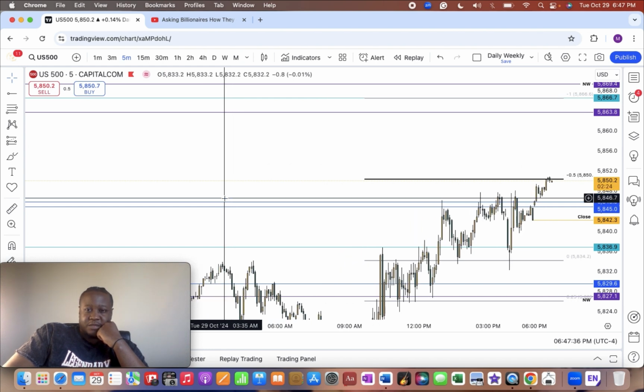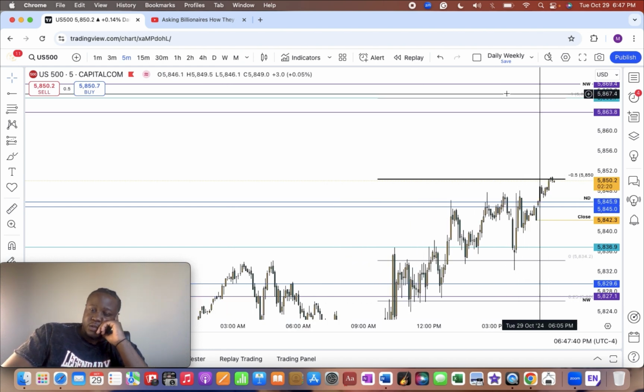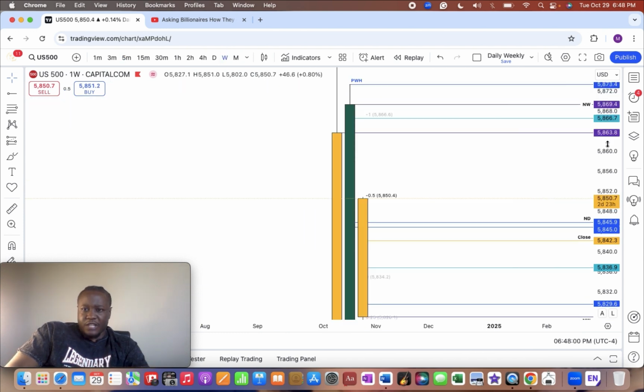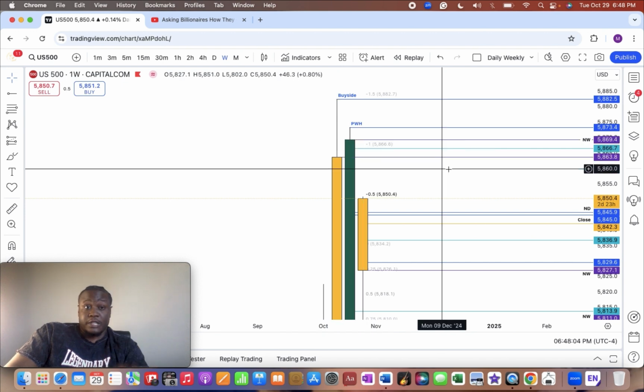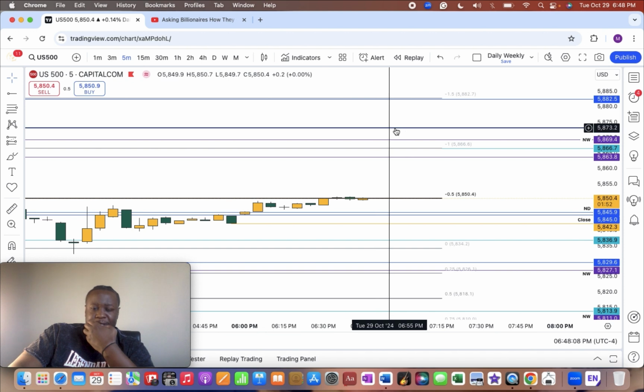This trade will possibly be held until the new week opening gap, or previous new week opening gap. That was last week actually. This gap was made last week, so that is a potential target.